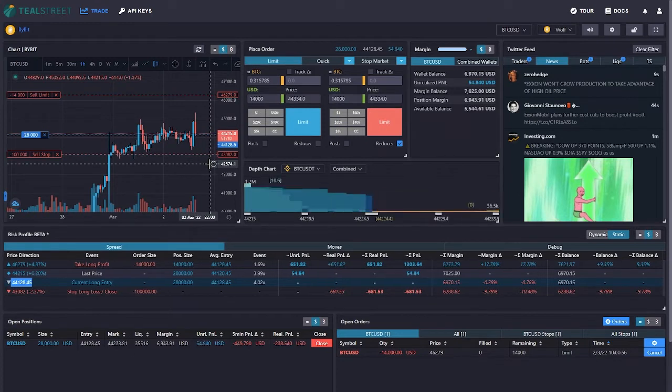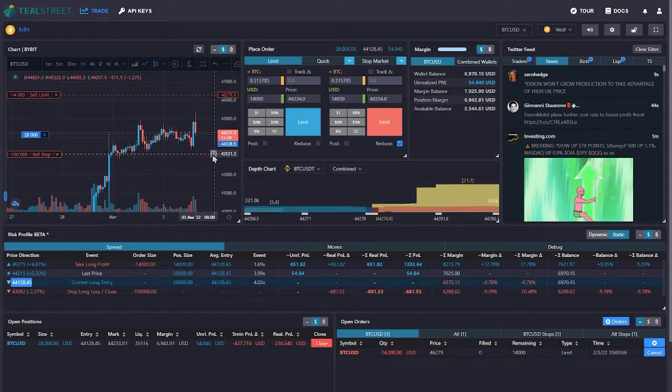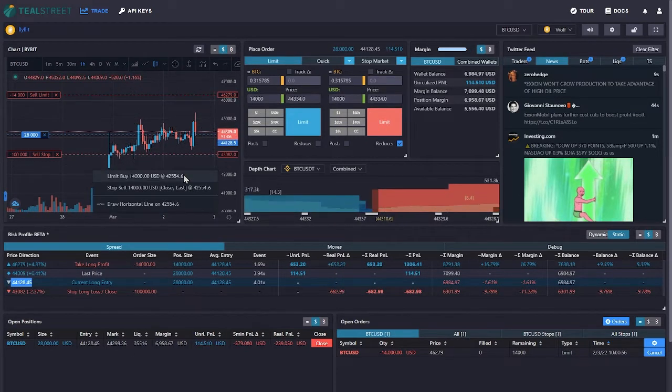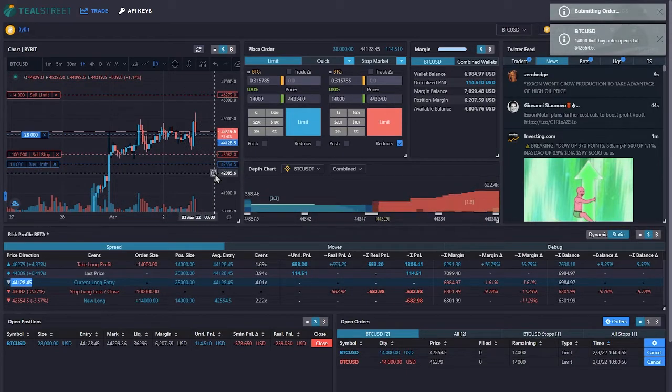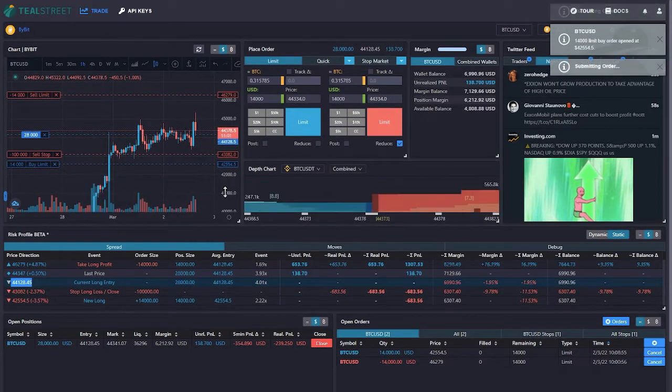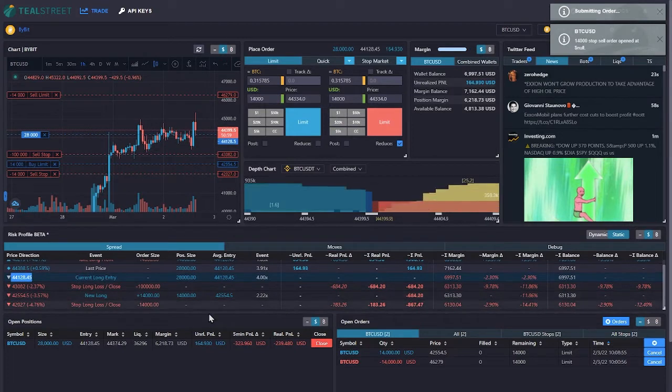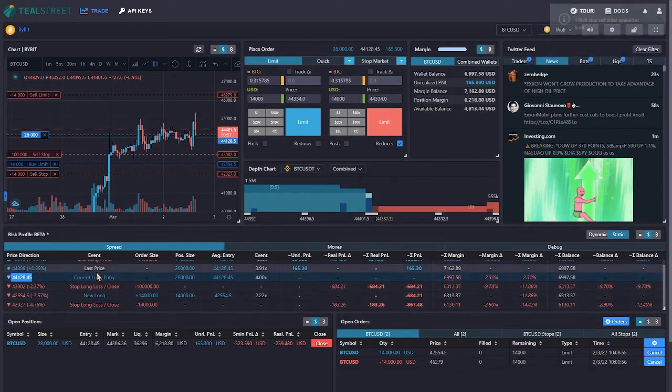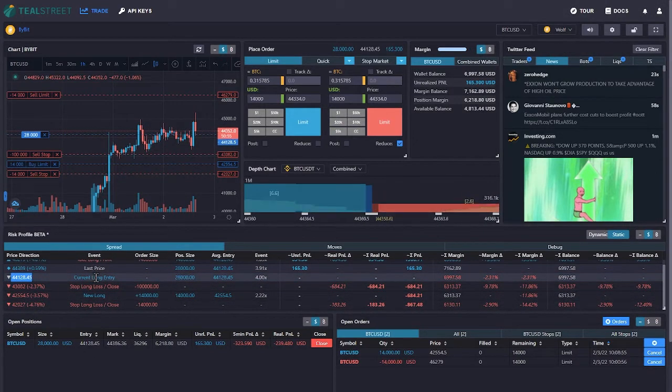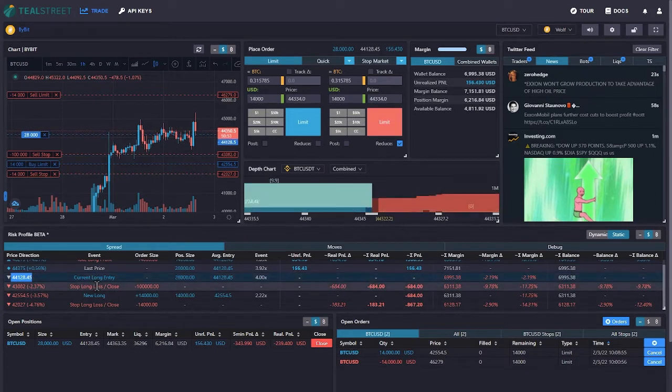So since this stop would close my position, and I put another buy down here, and I put another stop down here, it would know that it would go down from the last price to my current long entry to my existing stop and close my position.